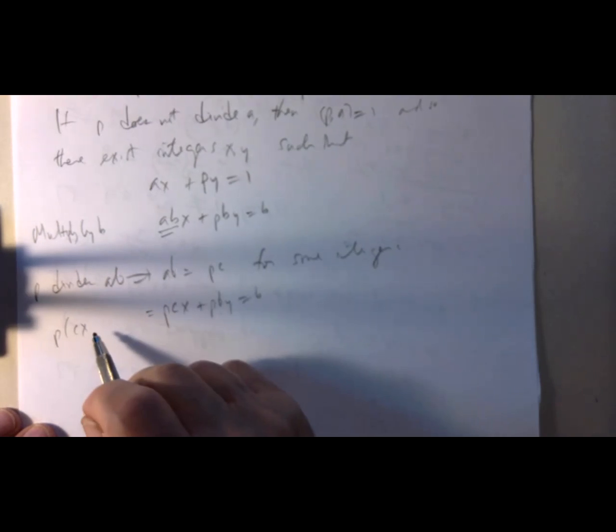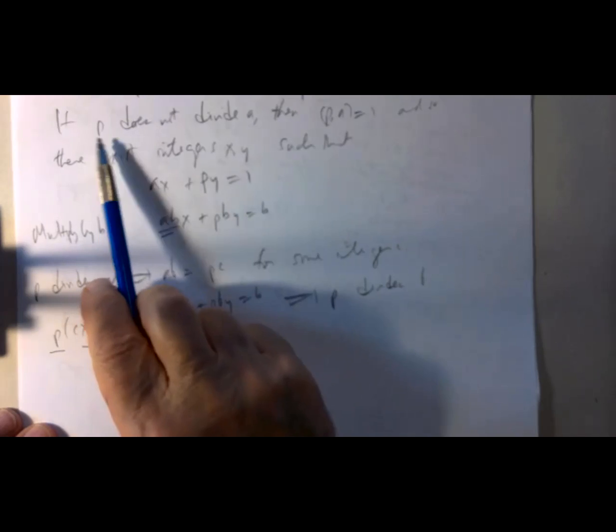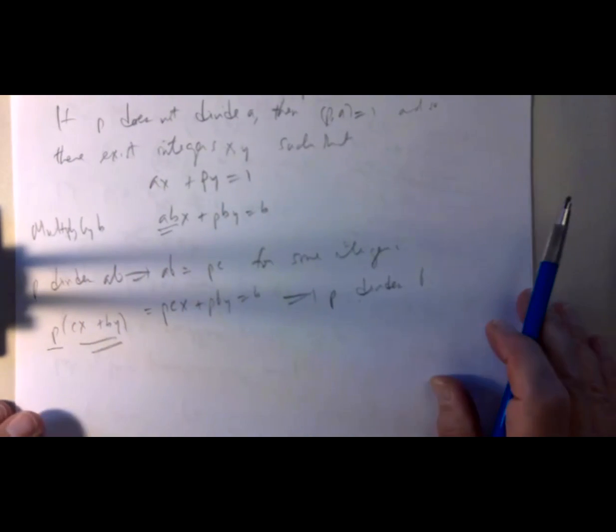I get PCX plus PBY equals B. But from this, I can factor out a P. It's P times (CX plus BY). So P times this is B. So P divides B. So if P does not divide A, then P divides B.